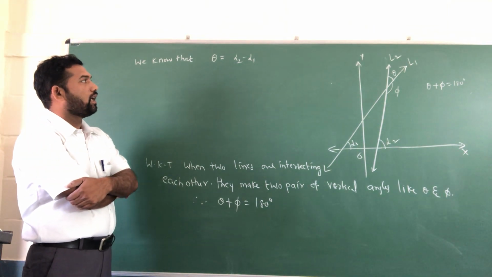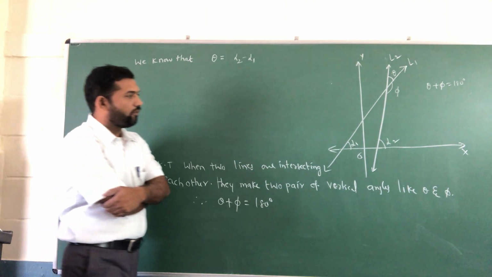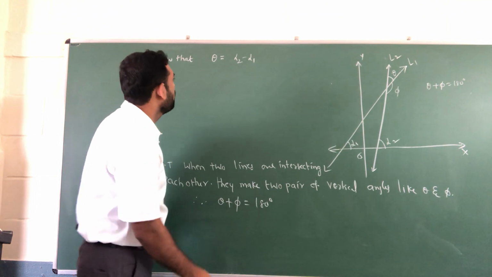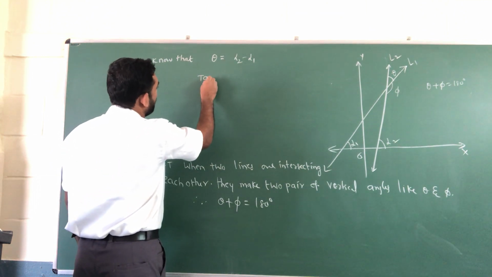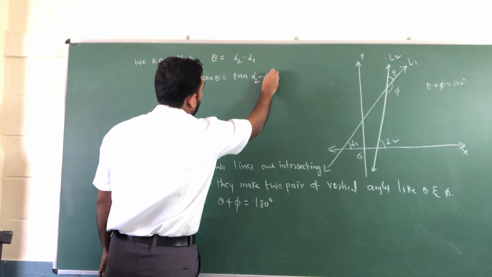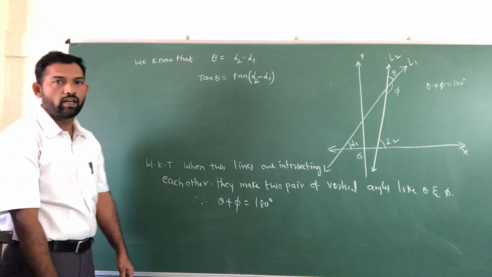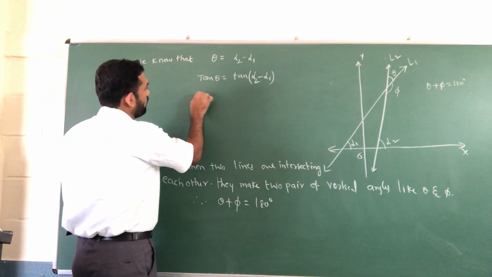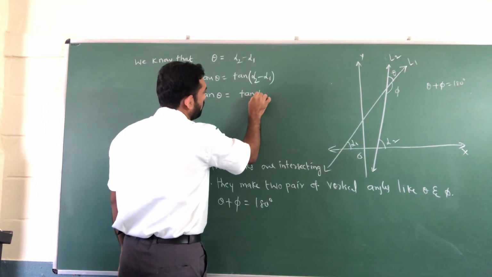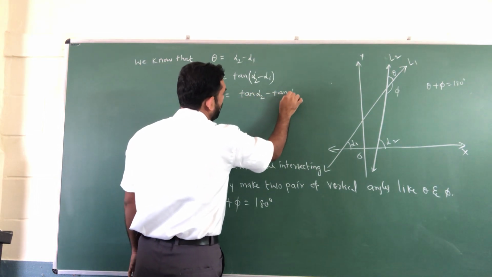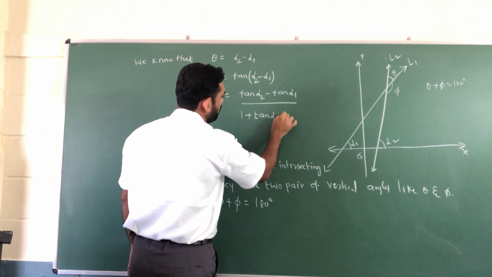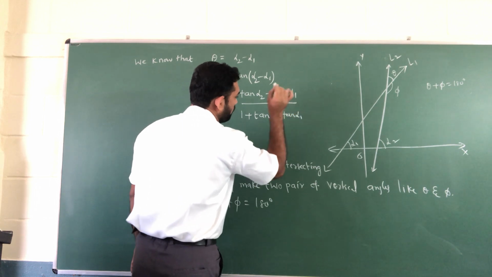Taking tan on both sides, tan theta is equal to tan of alpha 2 minus alpha 1, which is tan alpha 2 minus tan alpha 1 divided by 1 plus tan alpha 2 into tan alpha 1.